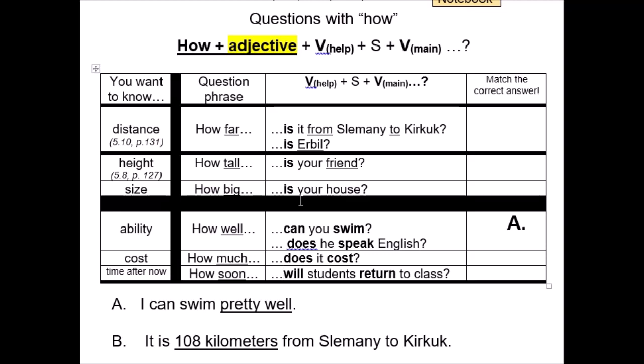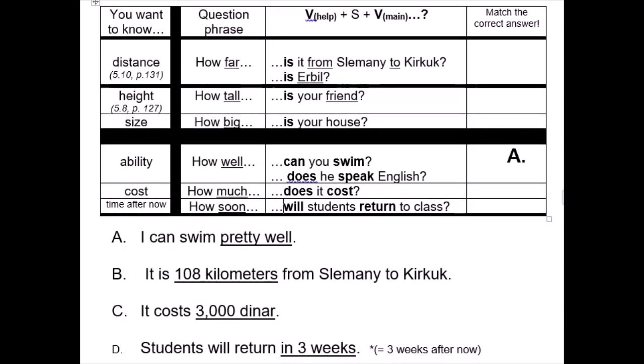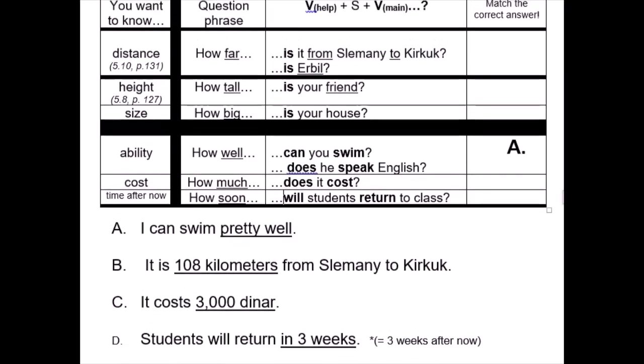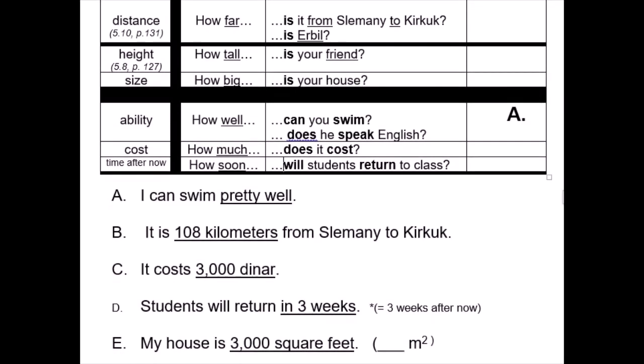And so can you match in your notebook? I want you to write that letter that goes with each answer. Write the letter next to the question in the table. Okay, so we'll do A together here. So here are the answers.